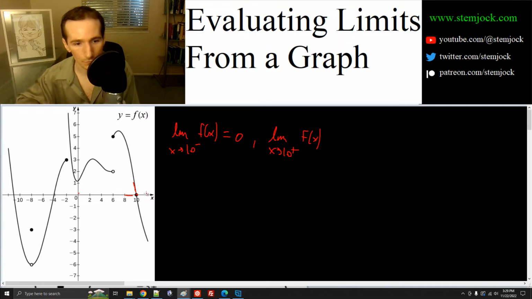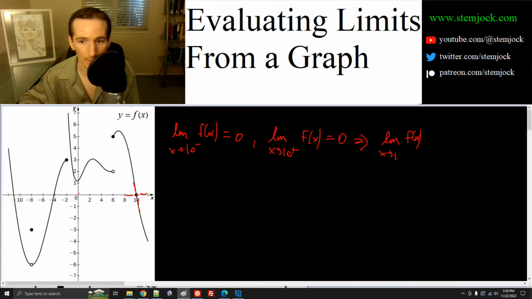As x goes to 10 from the right, the function gets higher and higher, and eventually it hits 0 as well. So the limit from the right is 0 as well. Because the left and the right-hand limits are the same, we say that the limit of f(x) as x approaches 10 is 0. So the limit exists.